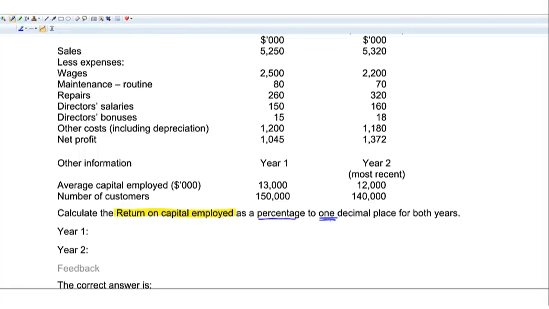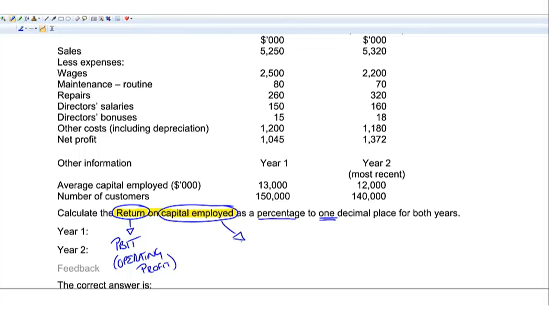Return on capital employed, so the ratio itself helps you with the calculation. Return means our profit, and it's our profit from running the business on a day-to-day basis. So it's always our profits before interest and tax, or what we call our operating profit. We divide that by our capital employed.